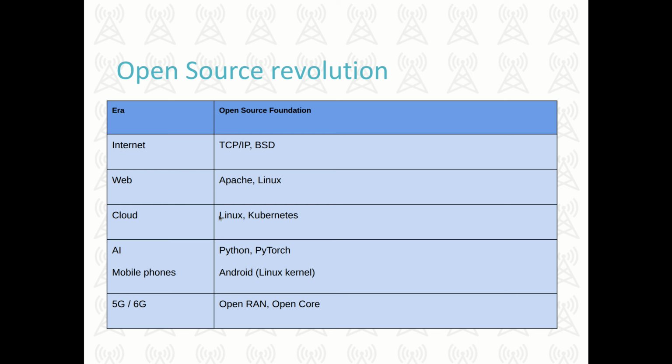And then of course in AI, Python and PyTorch have been quite popular. Before that, on the cloud side, all the major servers are typically based on Linux, right? And now in 5G, Open RAN and Open Core have come up. Now I would not call it a revolution.